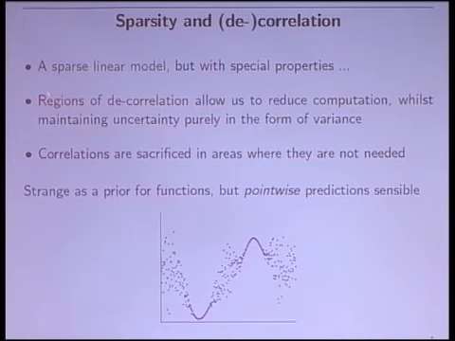It has regions of decorrelation that allow us to reduce computation from the original Gaussian process, which just has full correlation everywhere over all space, whilst maintaining uncertainty in the process, but just purely in the form of variance rather than covariance. So what you're doing in essence is sacrificing correlations in some areas where they are hopefully not needed to represent your data.